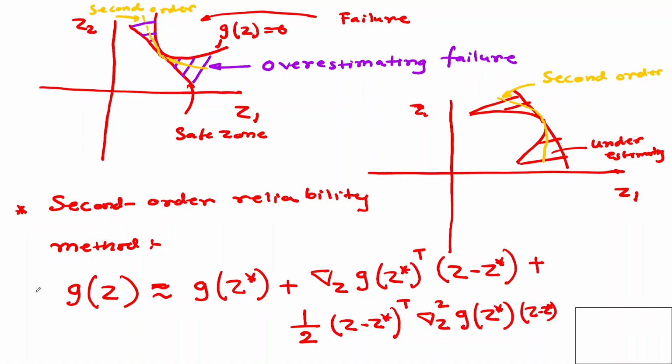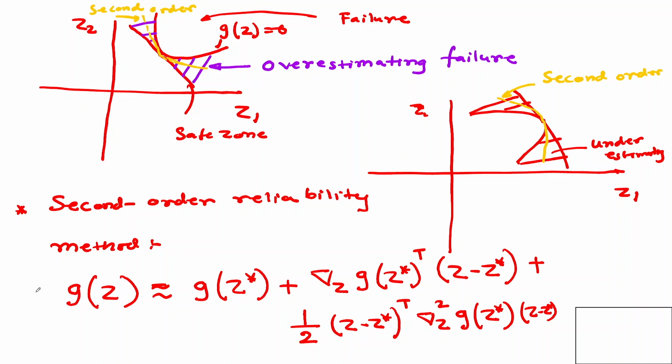Now z star by definition is on the limit state function. So what is g of z star? Zero. I am assuming z is also on the limit state function because it is second order, so at least near the point it will be on the surface before it goes away, because it's not a tangent any longer.